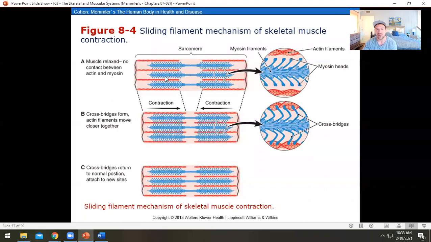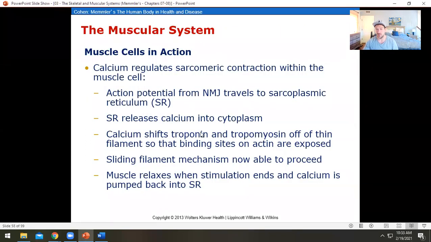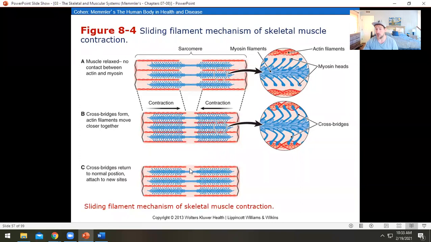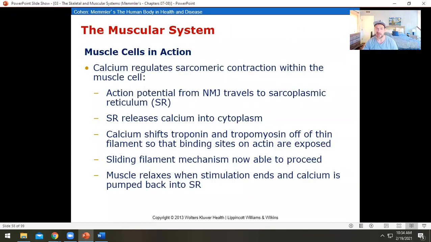You can see the thick filament with all the little heads on it reach up and grab the thin filament, which has all the binding sites, and drag it towards its center, and that creates contraction. And then when you relax your muscle, it's basically just going to put that calcium back in place, which closes up the binding sites and allows the muscle to go back to full length, okay?